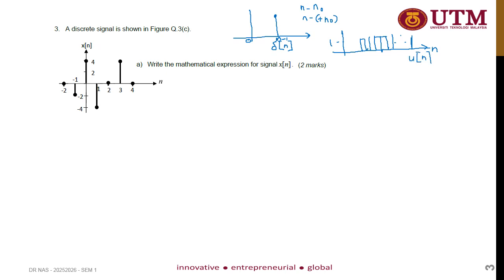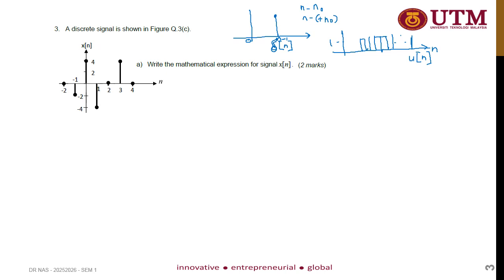If you have only a single impulse at a certain position, you should represent it with the delta function. So in this case, let's look at the signal you have. It basically has multiple impulses at different positions, so you need to write your equation in delta n functions.